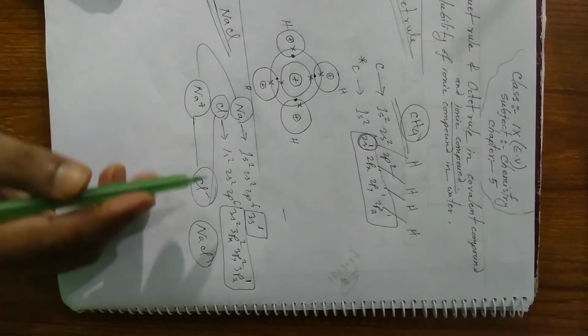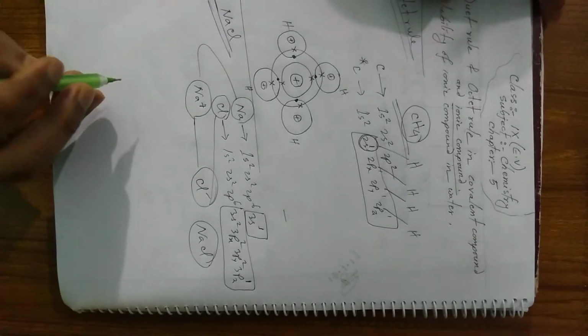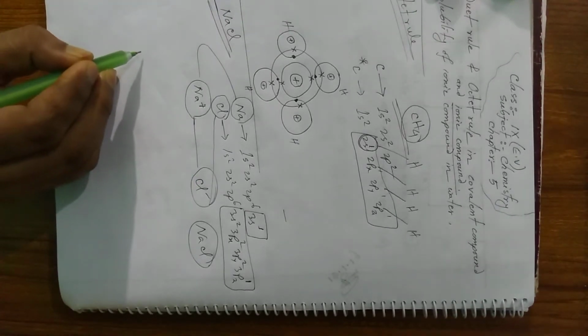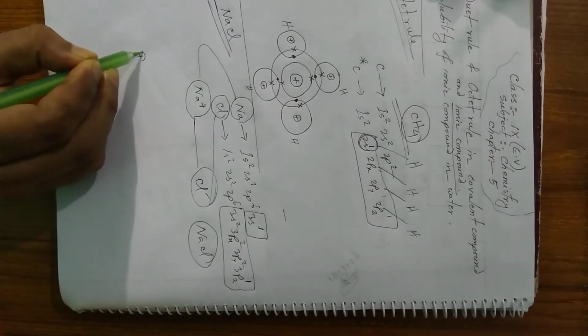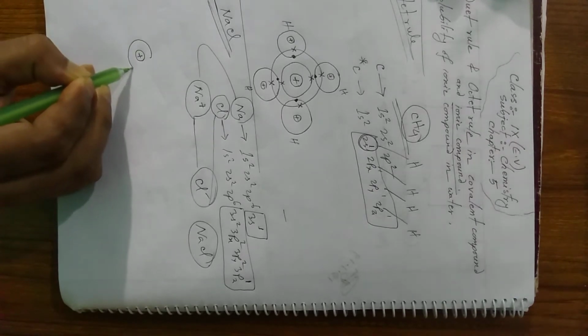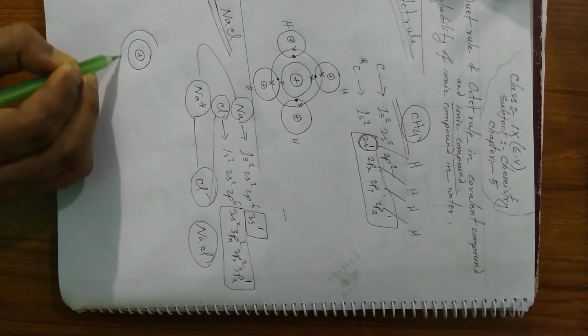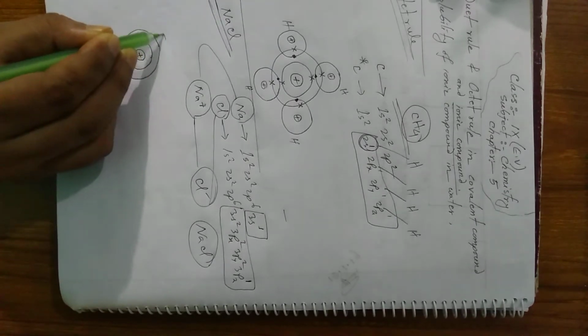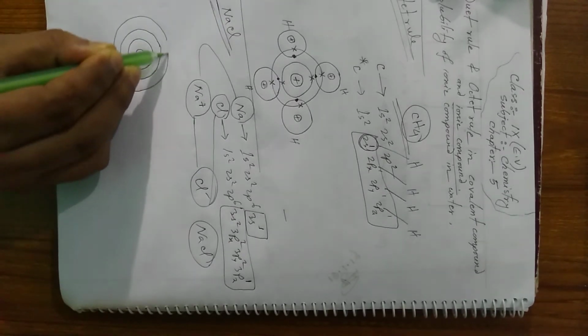Now if we see the orbit figure, we can see 1, 2, 3.